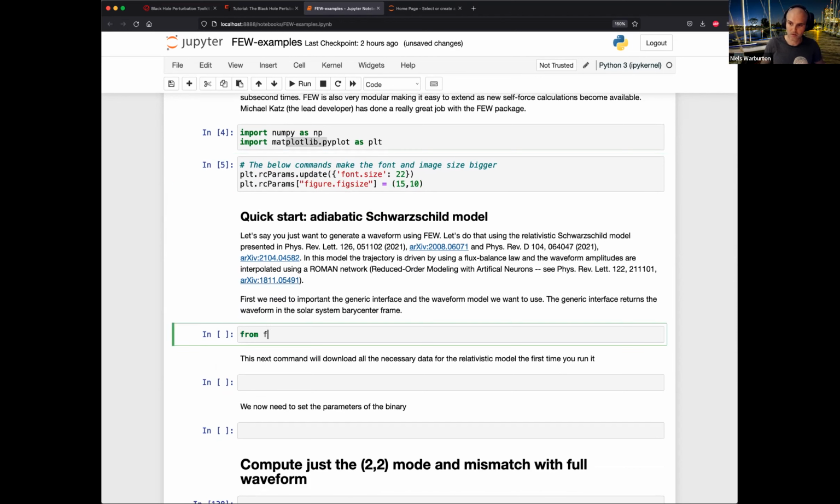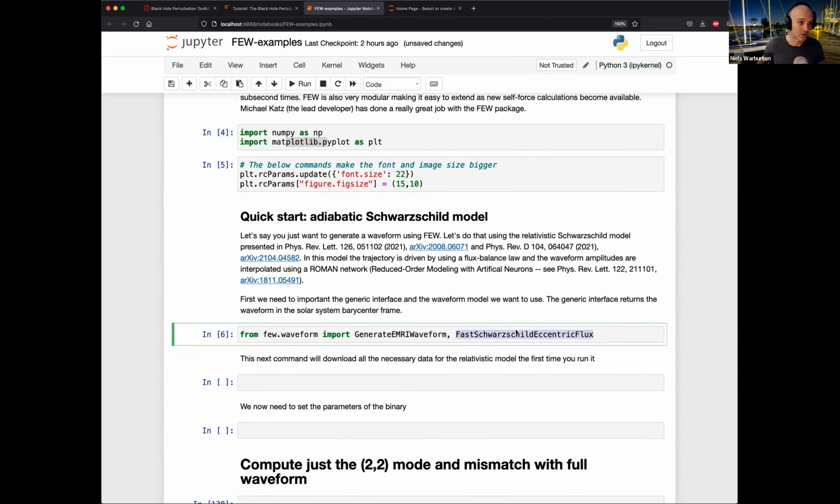Okay, so we need to load a couple of things. So we'll import GenerateEMRIWaveform and also FastSchwarzschildEccentricFlux. So this GenerateEMRIWaveform is a very generic interface for computing EMRI waveforms.